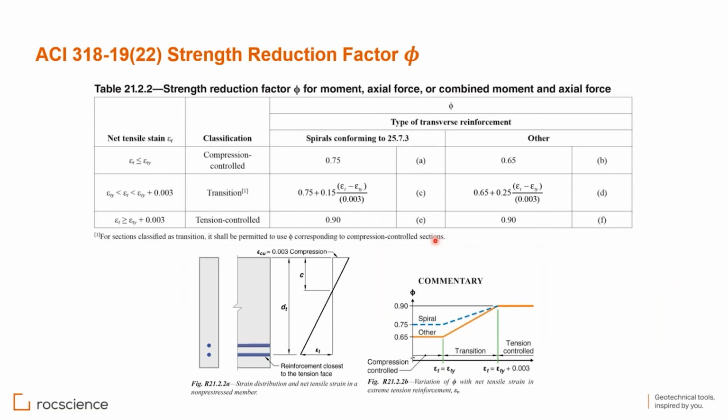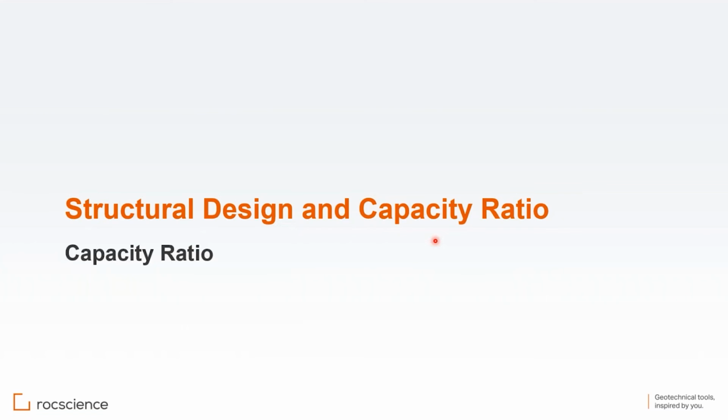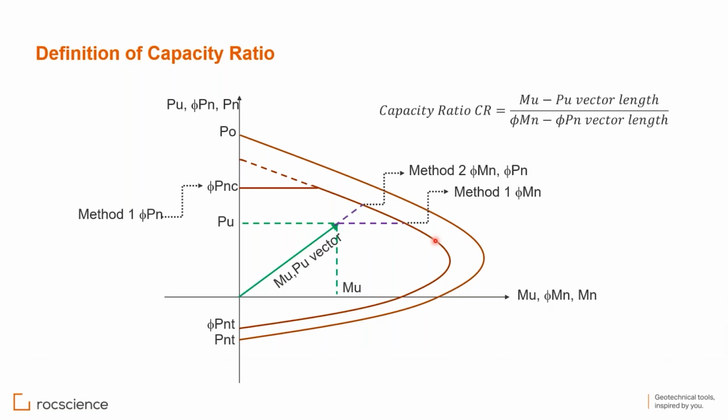These are the ACI load factors we apply in the program, and I showed you already how that works. And the capacity ratio is the demand, so it's the moment applied divided by the moment capacity at the level of the load we have, the ultimate load. So the factored interaction diagram.